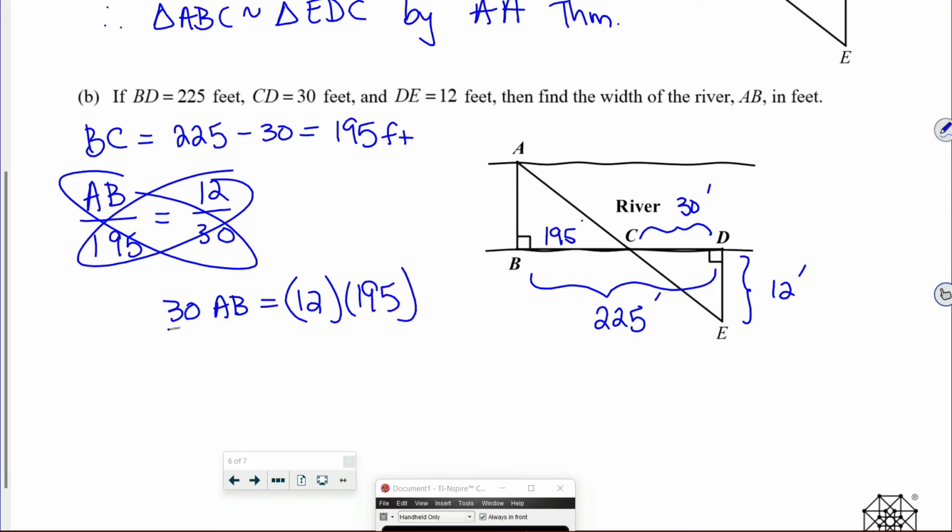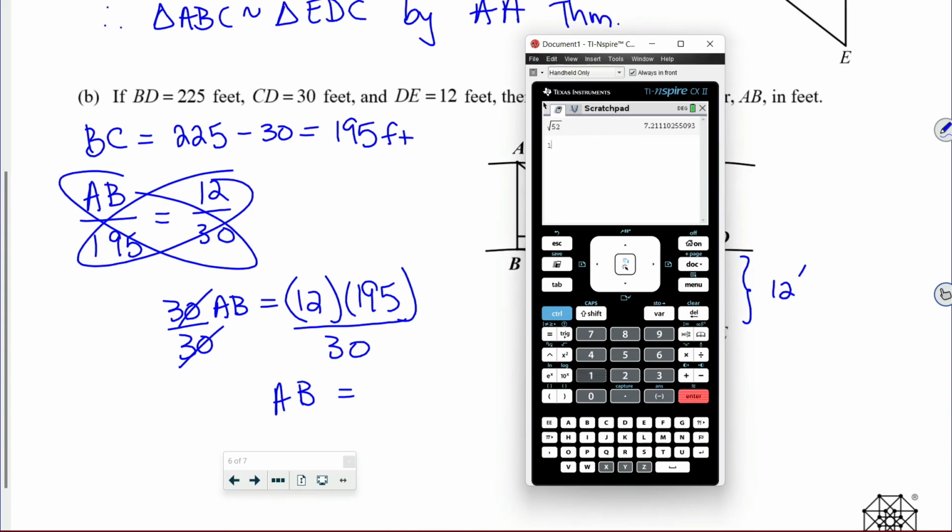And I don't really even need to know that product. I could just now divide both sides by 30, and AB is going to be equal to 12 times 195 divided by 30. And the width of the river is going to be 78 feet.